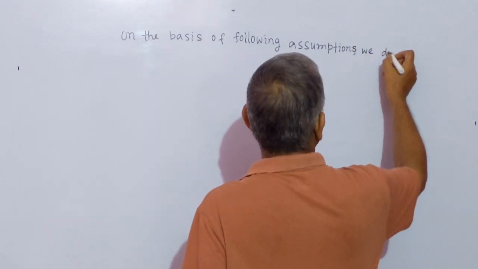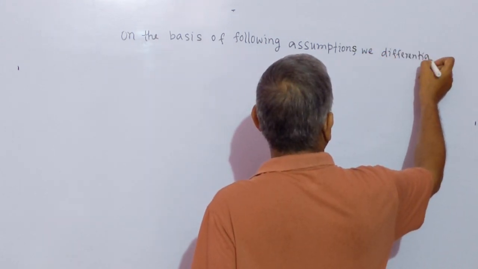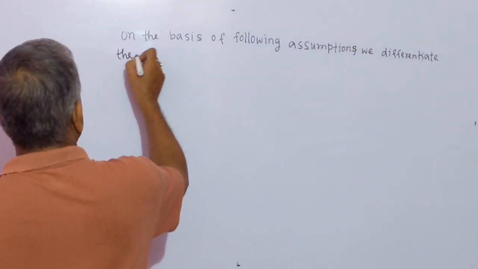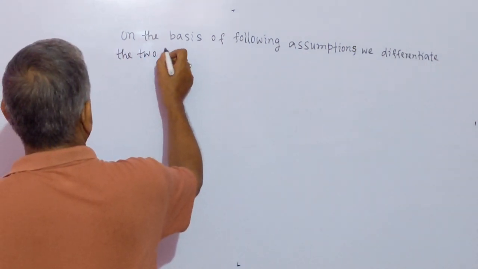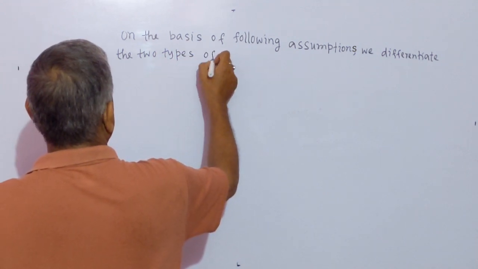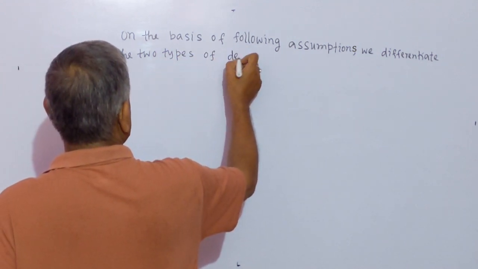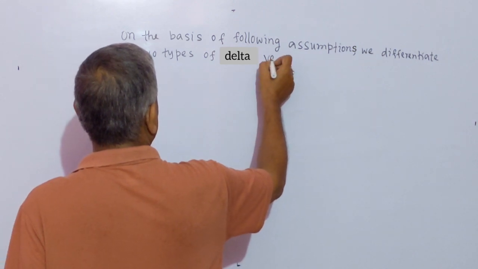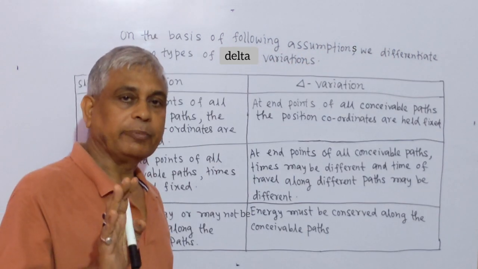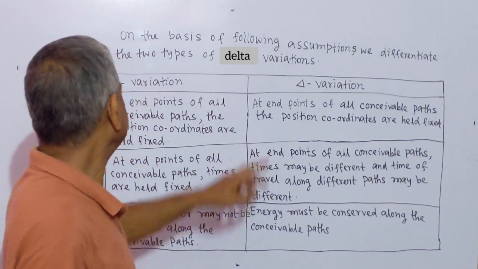We differentiate the two types of delta variations. The table is as follow.